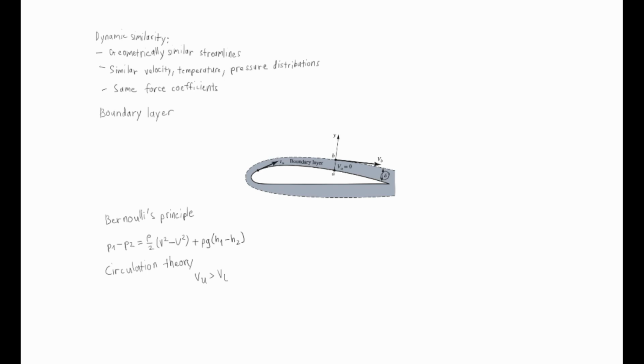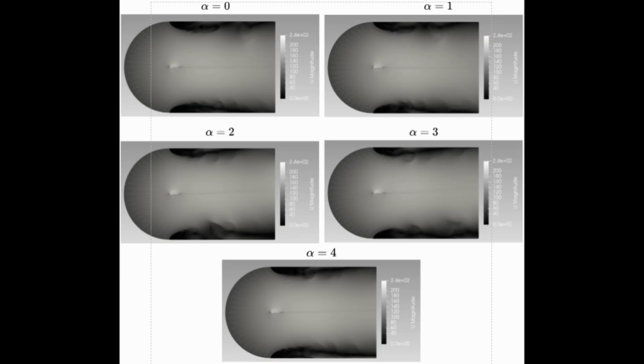This is one of the most complex theories in aerodynamics, hence we will not go deeper into it. We will only use its conclusions. Here are the results for the NACA 4415 simulation.